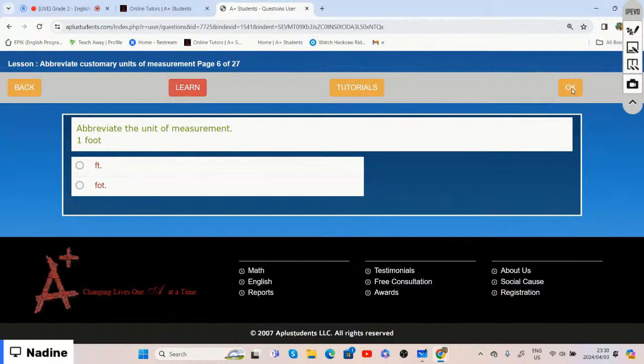1 foot. We need to abbreviate this unit of measurement by saying 1 foot. Is it FT or FOT? Remember, it can either be foot or it can be feet.